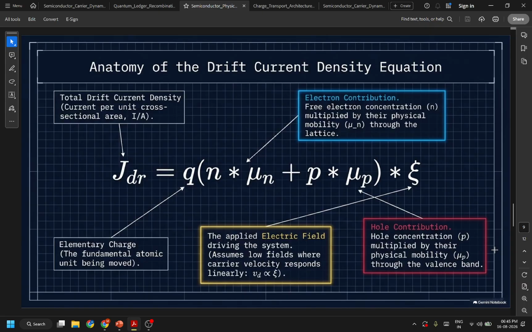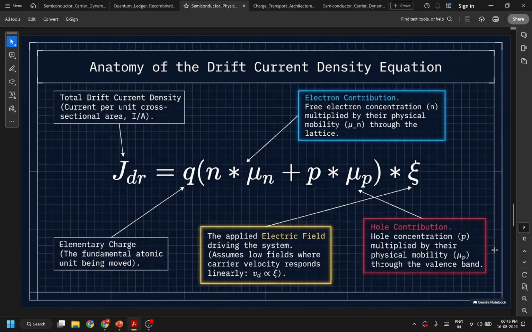So the drift current density equation is given using the total drift current density, which is current per unit cross-sectional area, I by A, which has the electron contribution and the hole contribution. The electron contribution is the free electron concentration n multiplied by their physical mobility mu n through the lattice.